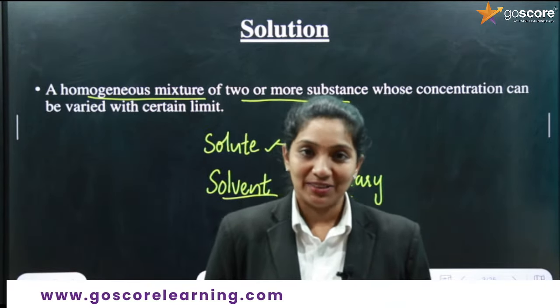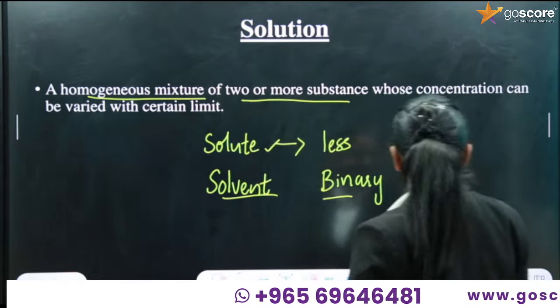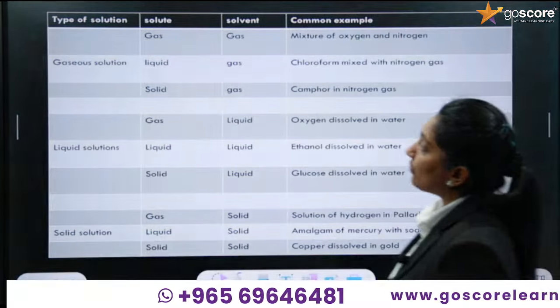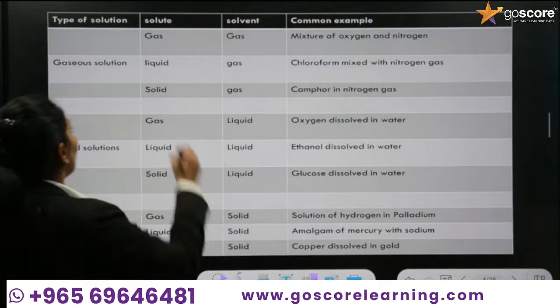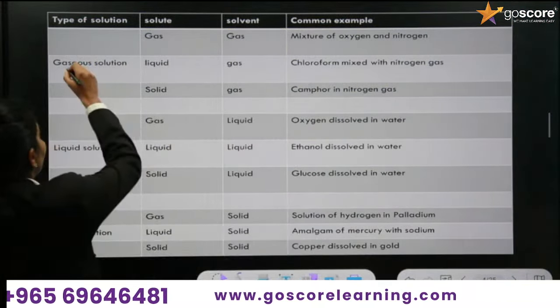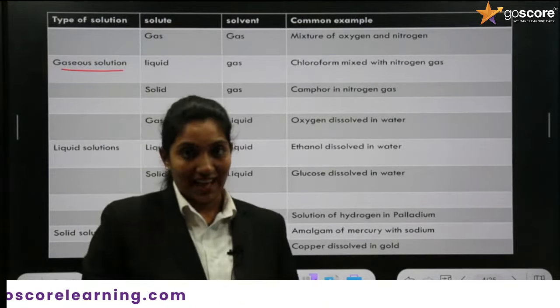So what is the state of the solvent? That determines what type of solution it is. So we can see different examples for different types of solutions. First we will discuss the gaseous solution. Gaseous solutions means the solvent is gas.